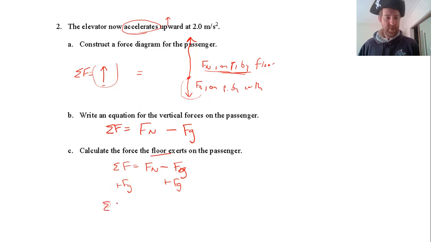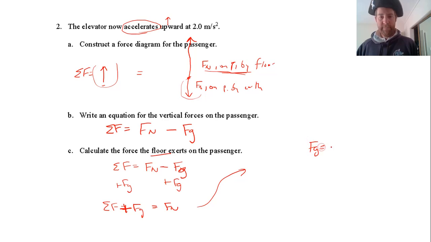Now I have total force plus Fg equals Fn. I know how to work out force of gravity. It was just 85 kgs times 9.8 newtons per kg, and I've got that 833.